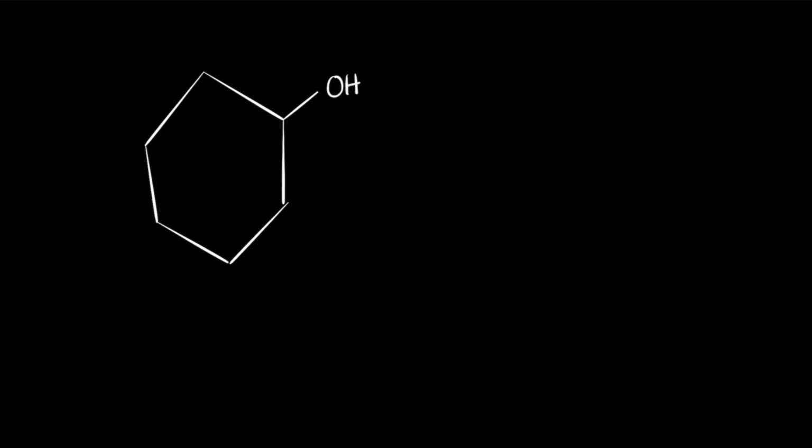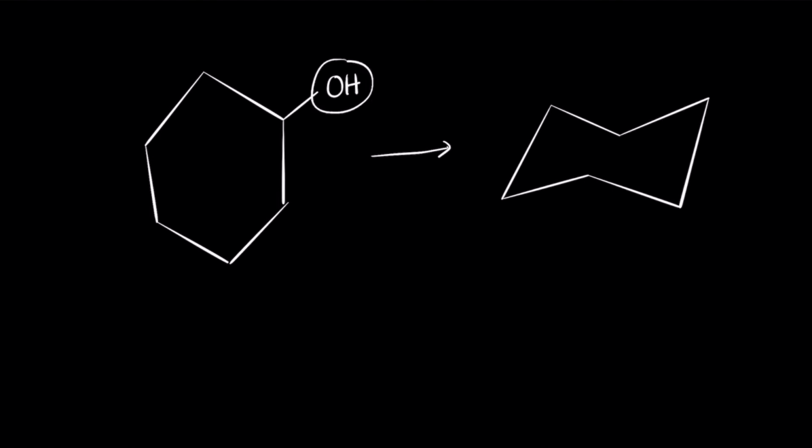So this is the structure that they've asked us. I'm going to draw the first conformation. In this structure, notice that this one becomes the axial position. So OH. Now try to draw the second conformation. What we are doing here, this one comes here and this carbon goes here.